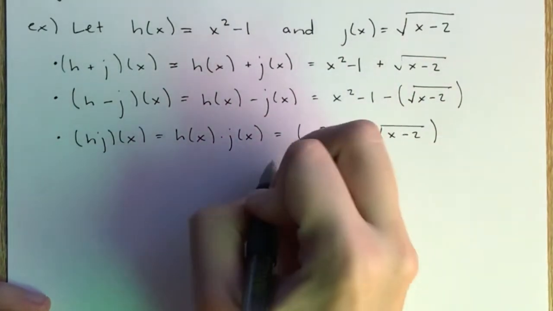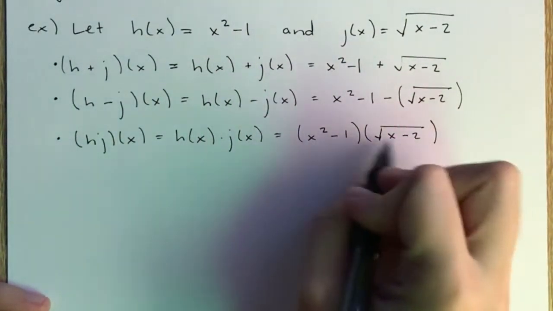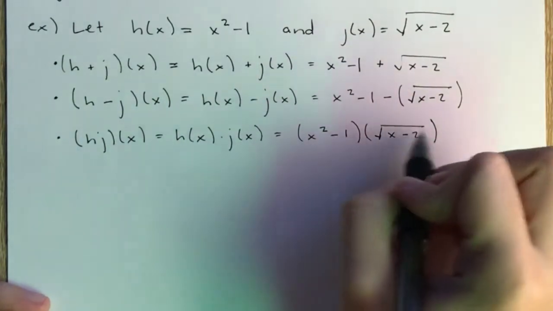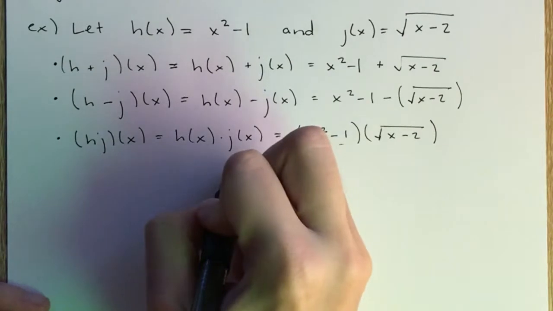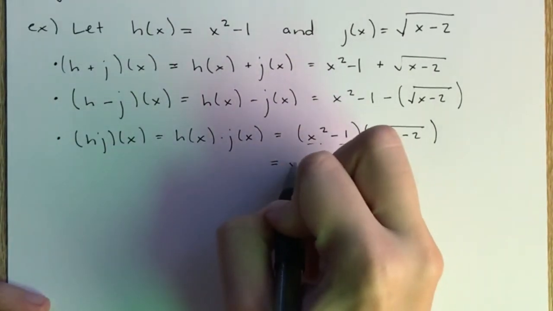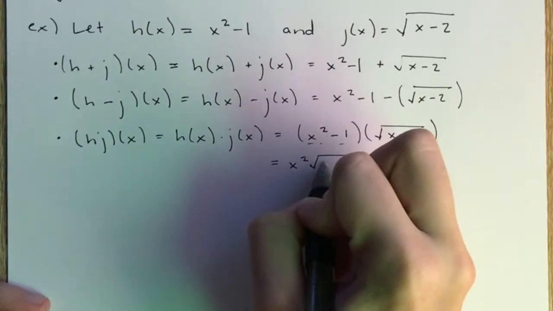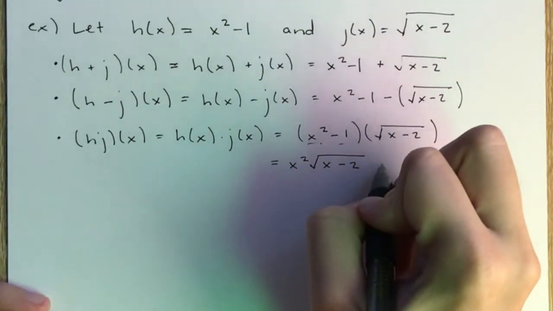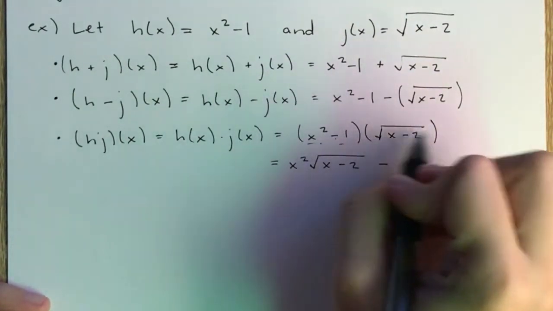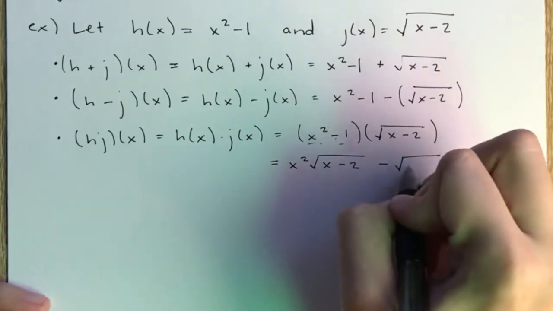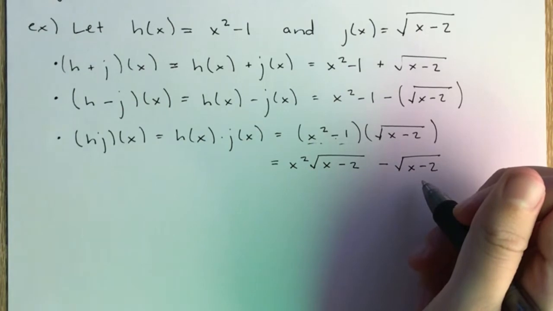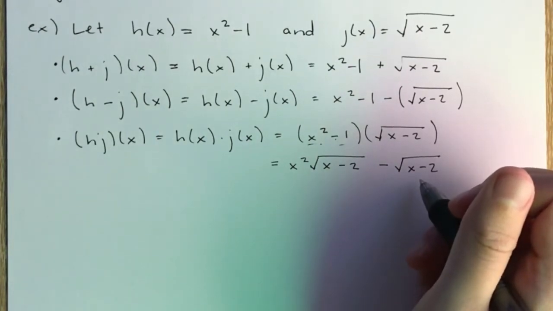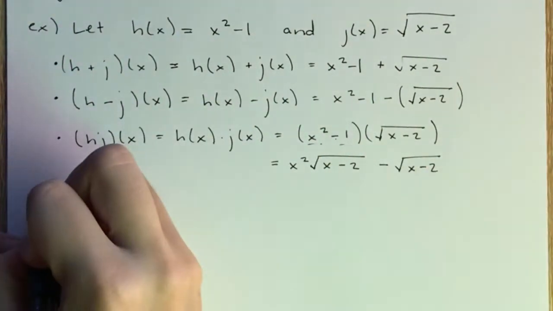There's a couple of things we could do. We would want to simplify by distributing. We want to multiply this by both this term and this term. So we would end up with x squared times the square root of x minus 2, minus 1 times the square root of x minus 2, or just the square root of x minus 2. So that's this simplified. I know it doesn't look super simple, but it's just a messy answer. That's okay.